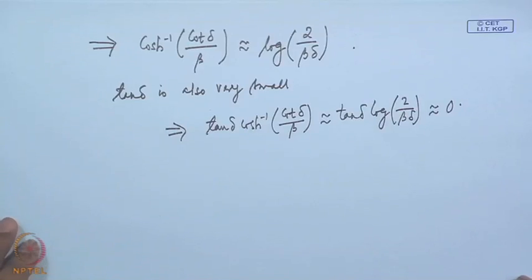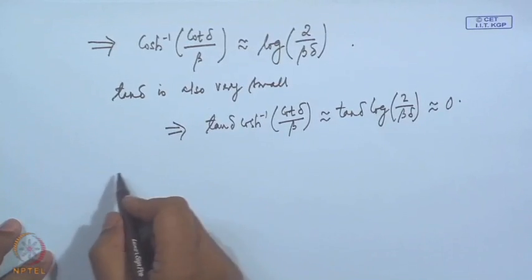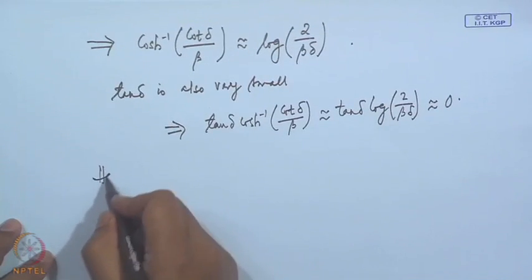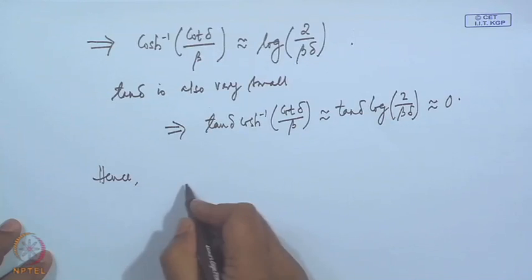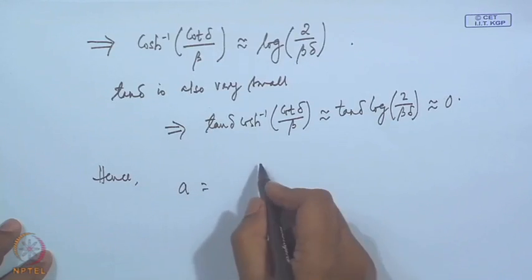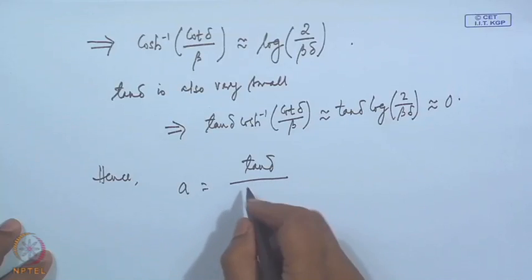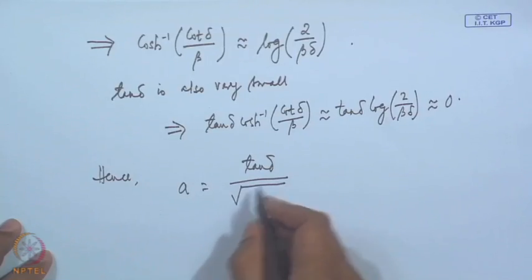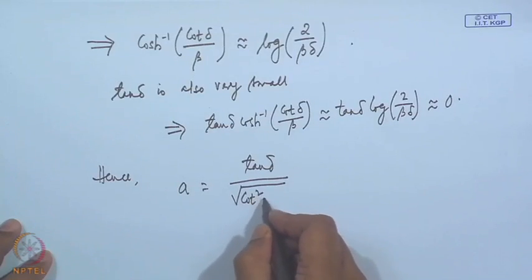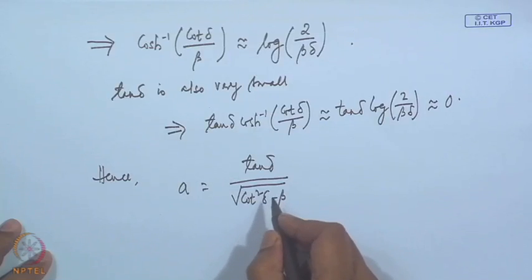and hence the coefficient becomes tan delta by root over cot square delta minus beta square.